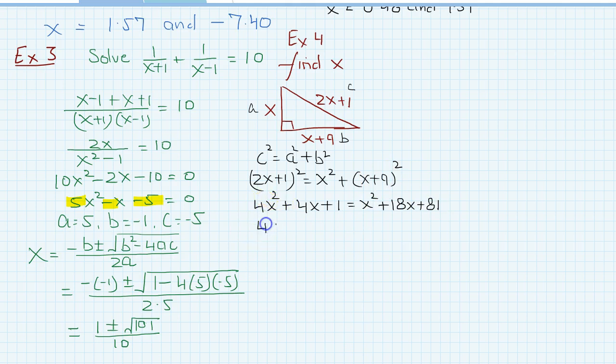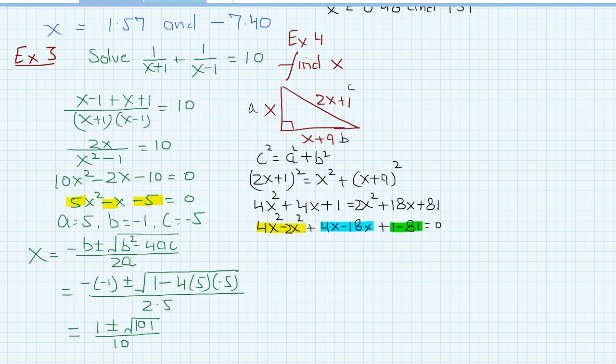So this is 4x square minus x square plus 4x minus 18x plus 1 minus 81 is equal to 0. This is x square, this is the term of x, and this is constant.